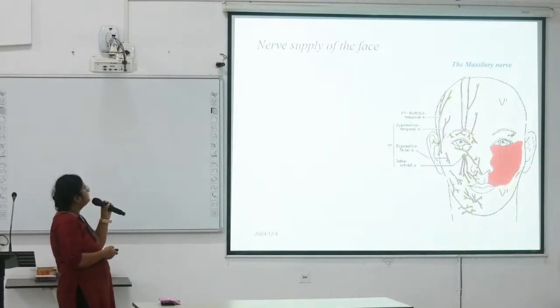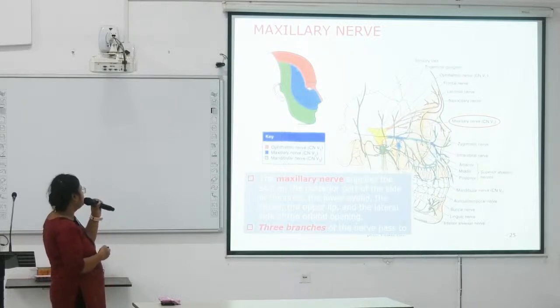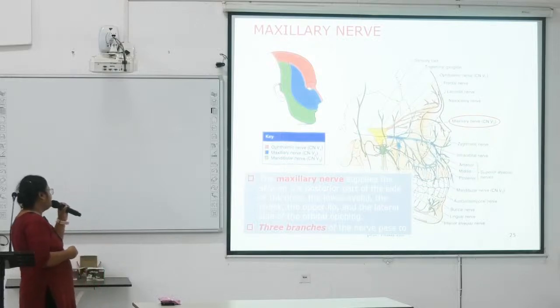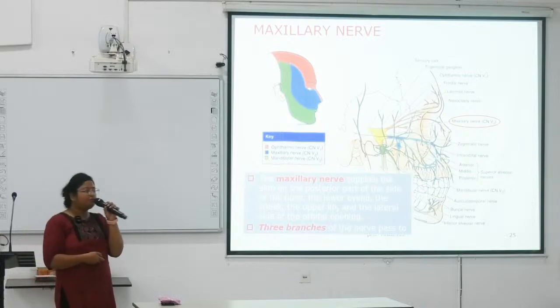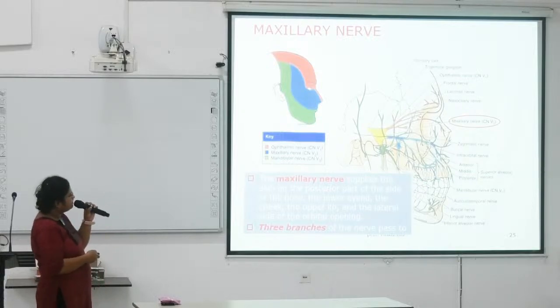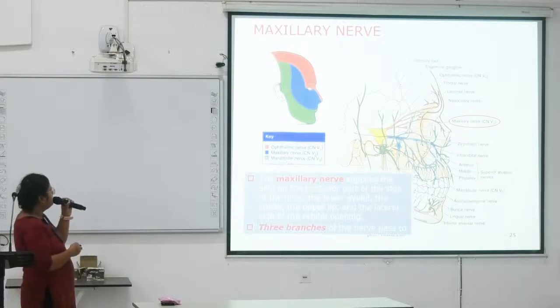We go to the maxillary nerve. This bluish colored area is supplied by the maxillary nerve. It supplies the skin on the posterior part of the side of the nose, the lower eyelid and the cheek, the upper lip, and the lateral side of the orbital opening.